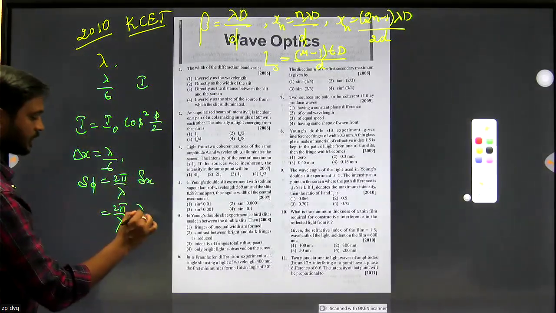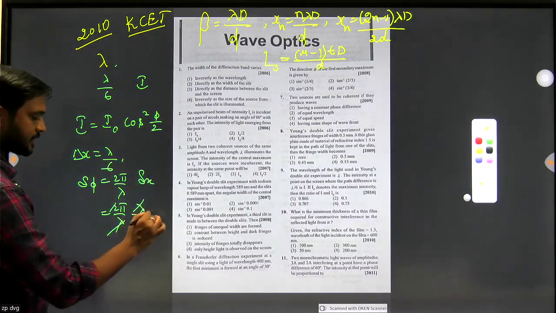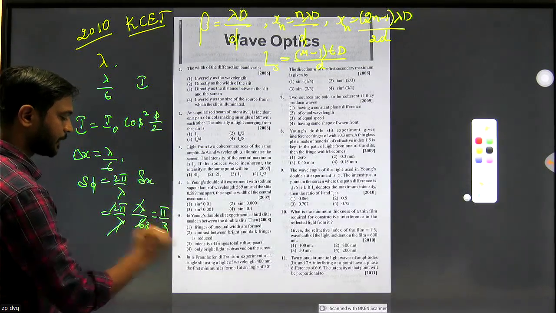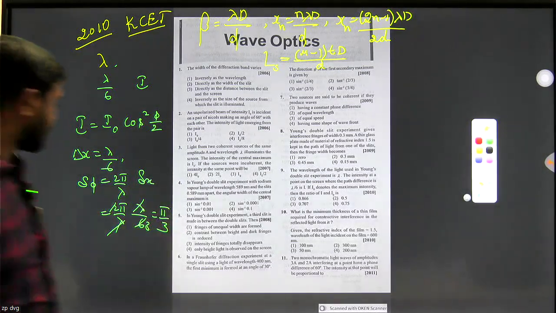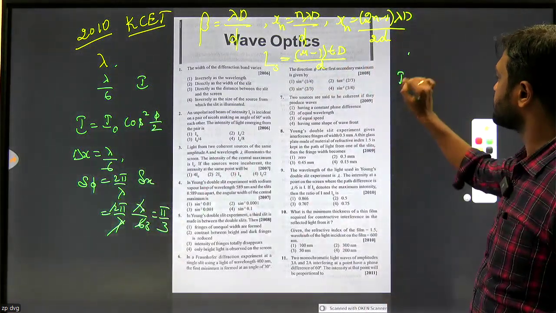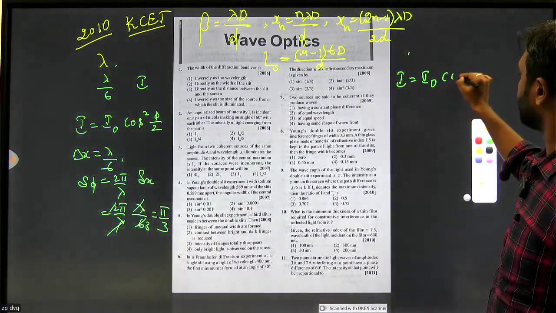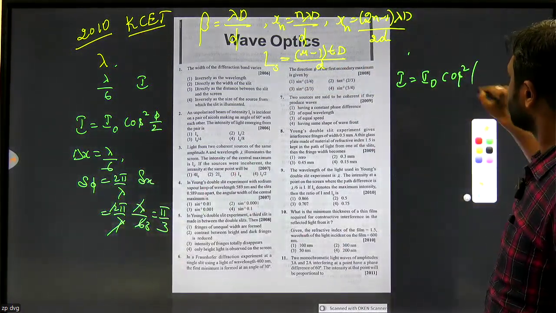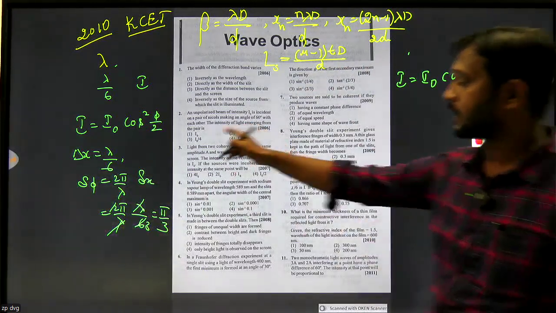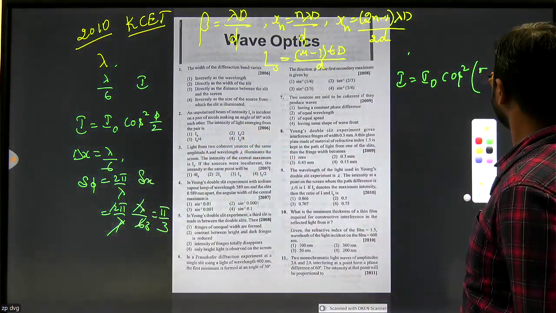So delta x means lambda by 6, lambda gets cancelled, two ones are two, two threes are six, so the phase difference is pi by 3. Substitute the value of phi in the equation: I equals I naught cos square, phi means pi by 3, and here the 2 is already there, so phi by 2 is pi by 6.